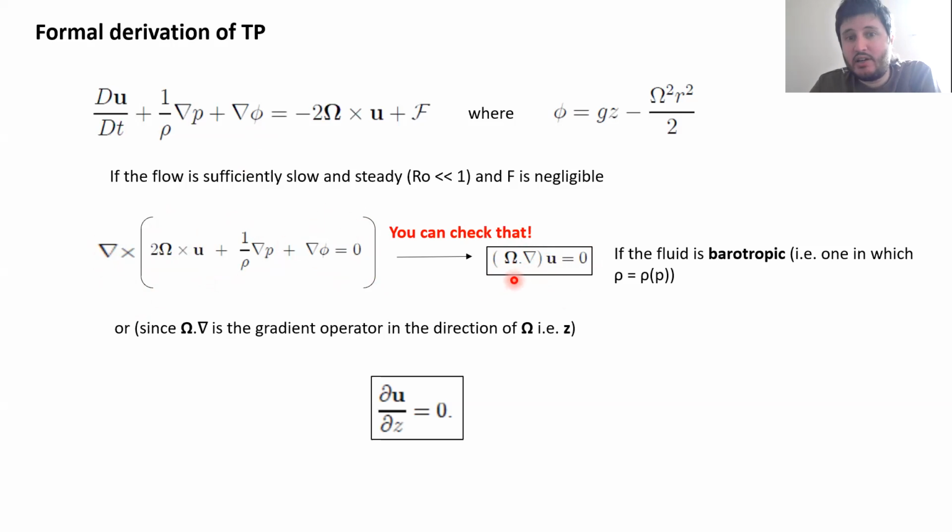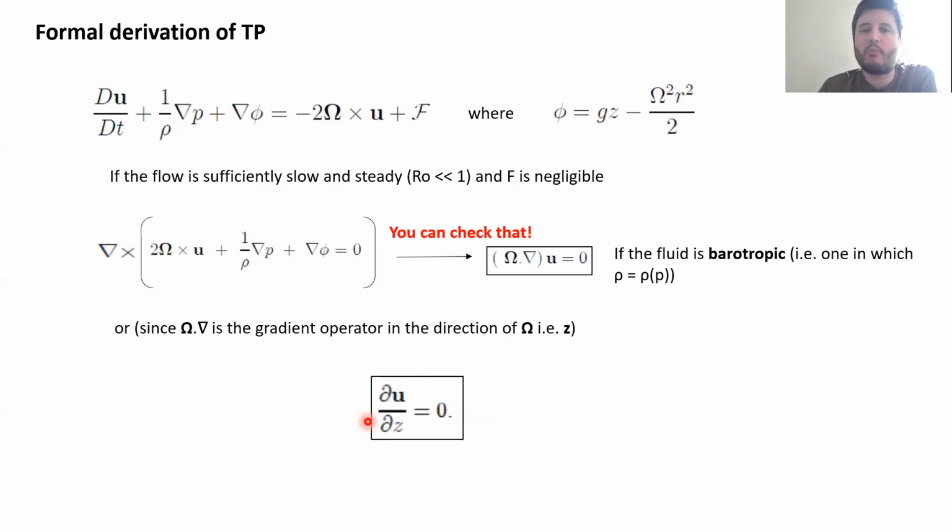This expression just tells us that ∂u/∂z equals 0, because this is just the projection of the gradient operator over the angular velocity vector, which we know is in the direction of z by definition. So this expression is totally equivalent to this expression here.